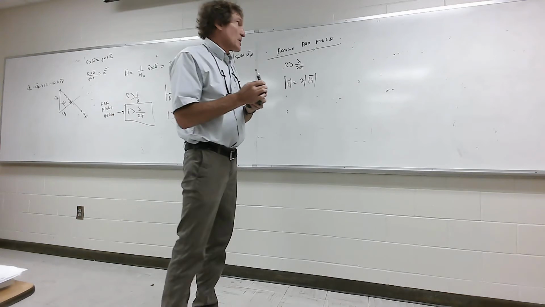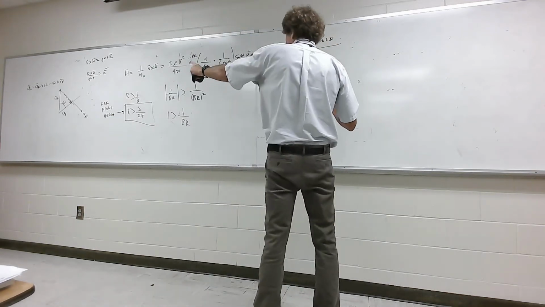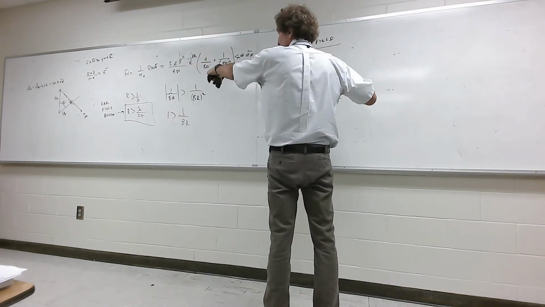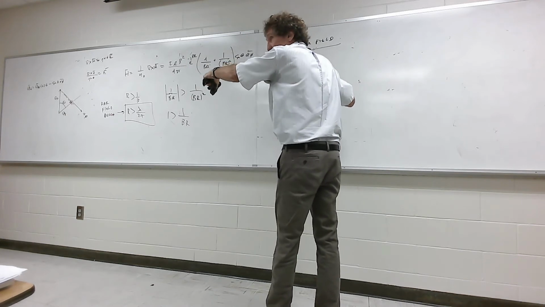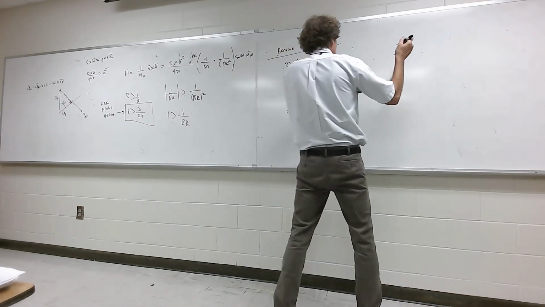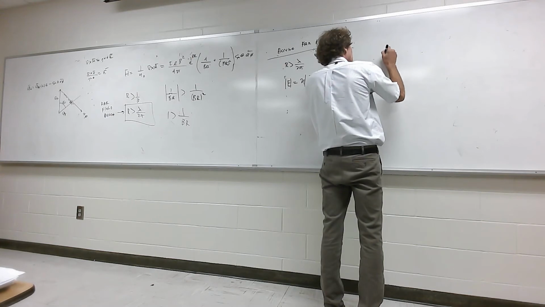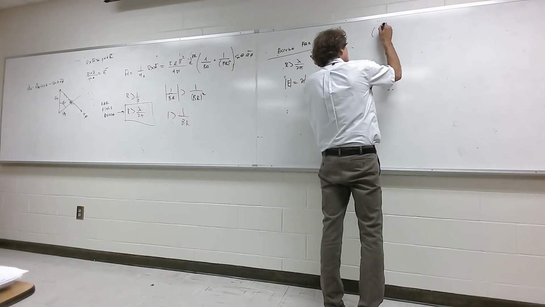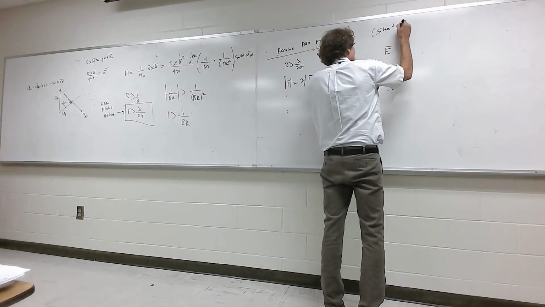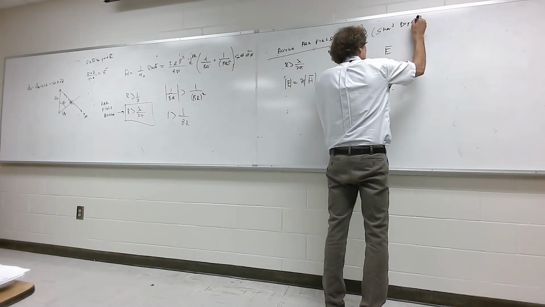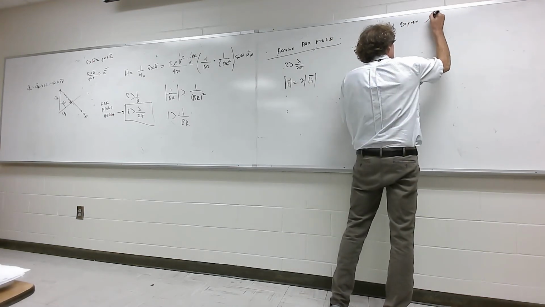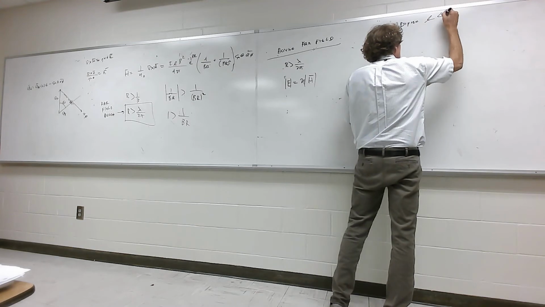So please hear me on this one. Instead of going through another curl, which we could do if we really wanted to, and then finding the far field term, we can also get it this way. And I can say, and this is the thing you write down, the E field, and this would be for a short dipole. Remember, short dipole means the length of the dipole is less than lambda over 10.